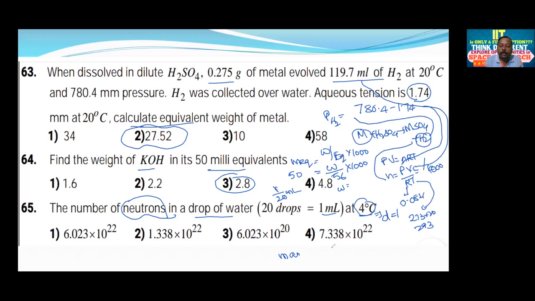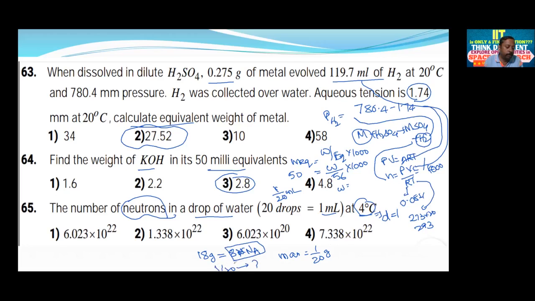Mass is given, and you must know that 18 grams will contain 8 neutrons, 8 neutrons into Avogadro number. Hydrogen does not have any neutron, so don't multiply it with 10. Then 1 by 20 contains how much?